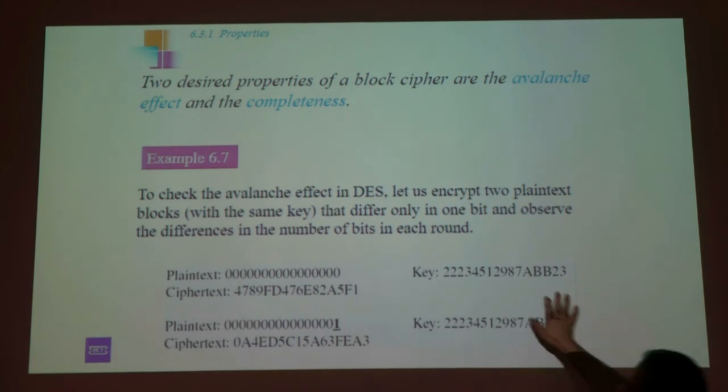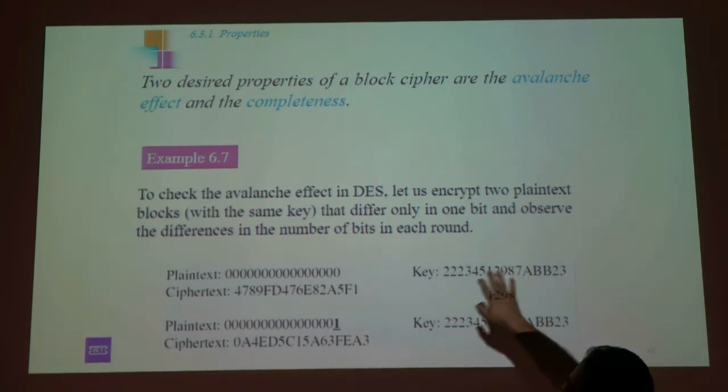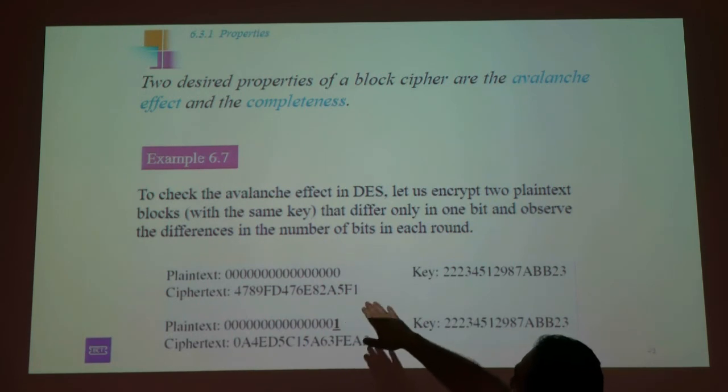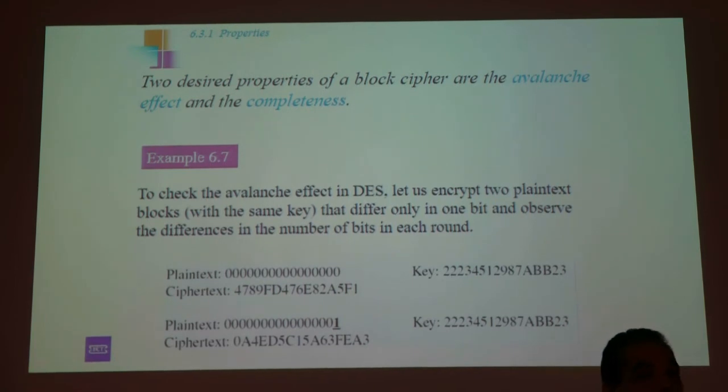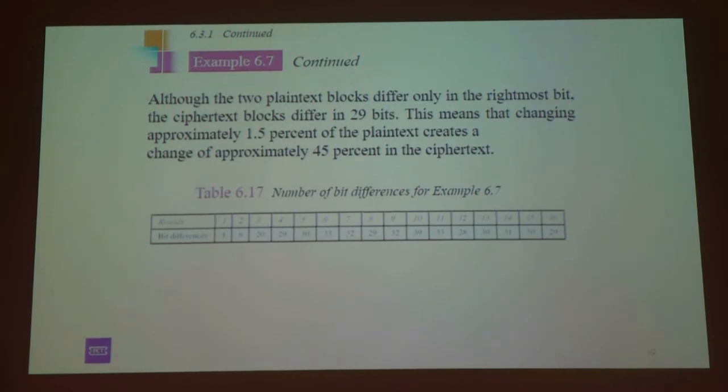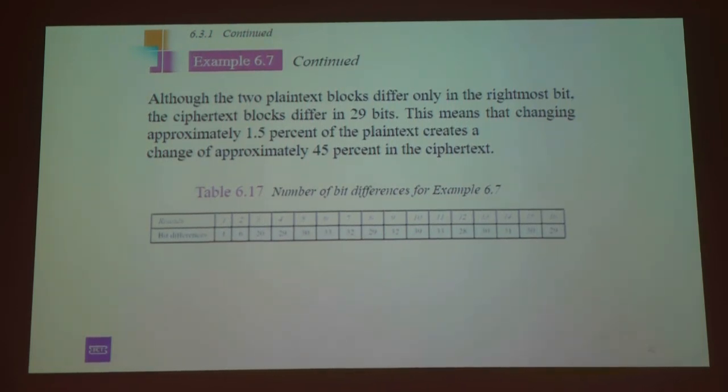This is a very important thing to show you the strength of the algorithm. This is what we call the avalanche. This one change will change everything. Although the two plaintext blocks differ only in the rightmost bit, the two generated ciphertext blocks differ in 29 bits out of 64.